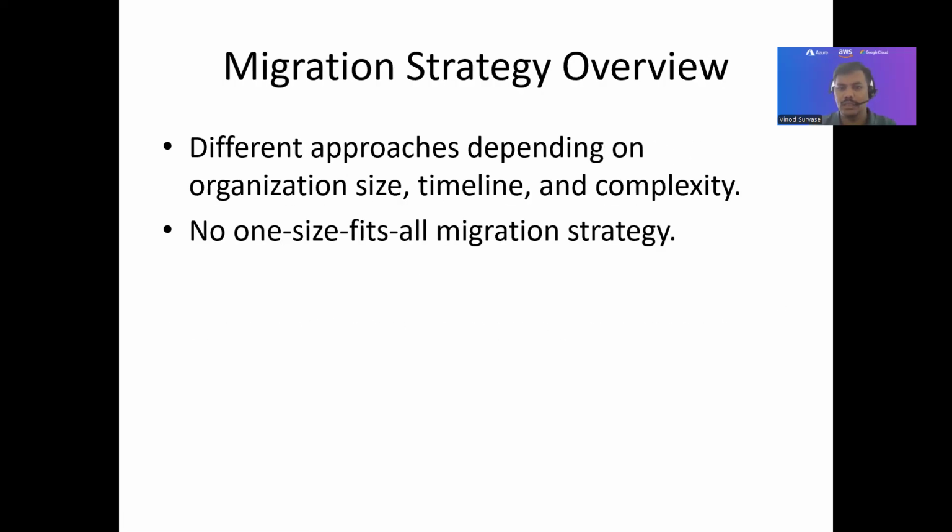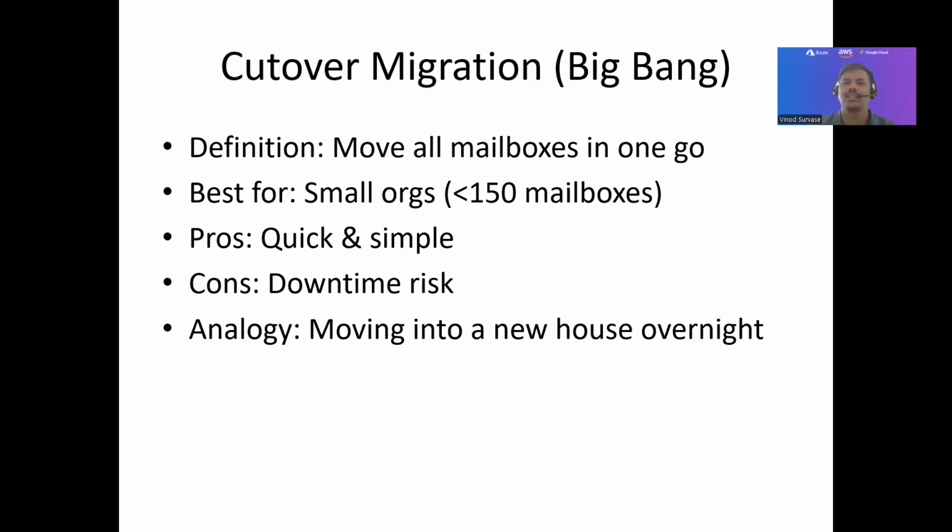Now, the first strategy is cutover migration, which is also called Big Bang, right? Now you can see I have mentioned a few pros and cons and what it is best for, right? So if I have to define it, move it all in one go, right? That means you have to do everything in one go and there should not be anything left behind, so that you will not come back and do it later.